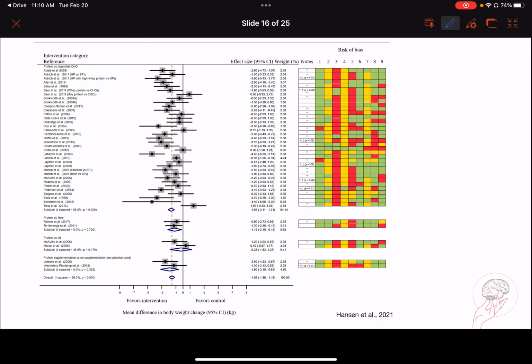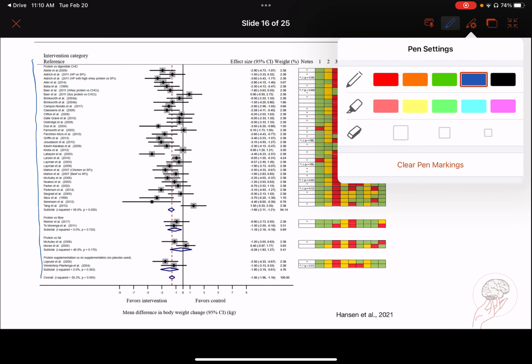Hopefully you watched the video on forest plots. If not, please watch the video on forest plots. But briefly, this is a large forest plot. And we see that it actually has a couple of different things going on.